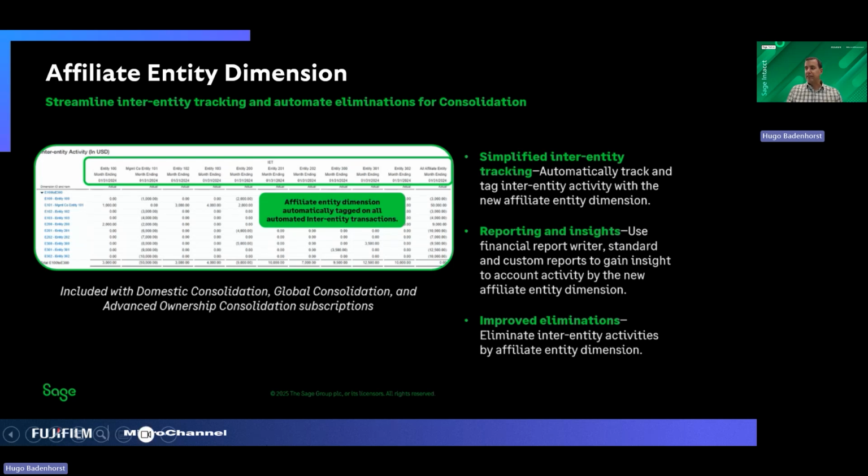And again, it's simplified entity tracking. The reporting and insight becomes a lot more flexible, and then the eliminations will also be based on that. So it can actually eliminate as part of the process, enabling that additional dimension. Now, this is across all the modules basically. So domestic, global, and our advanced ownership consolidation does cater for this.